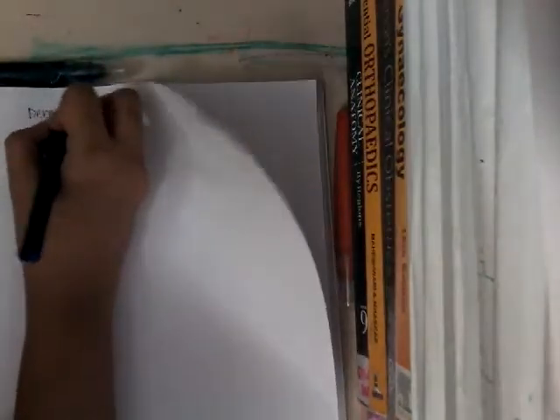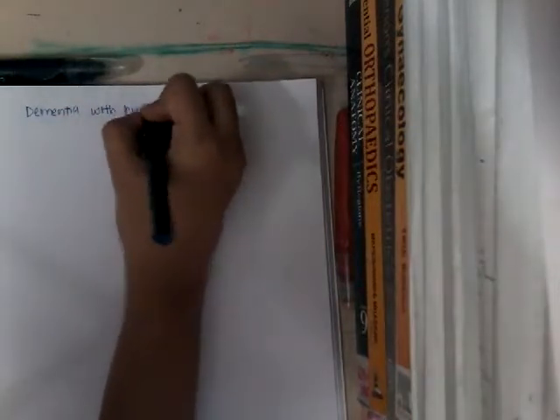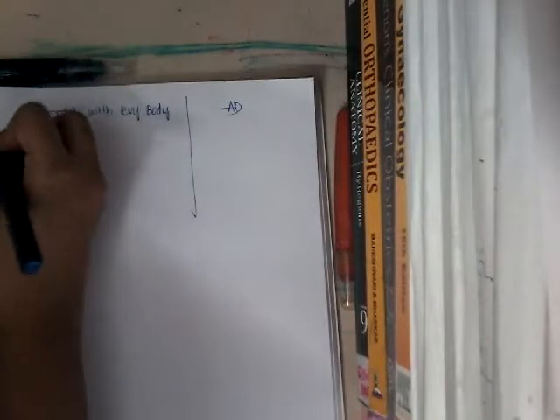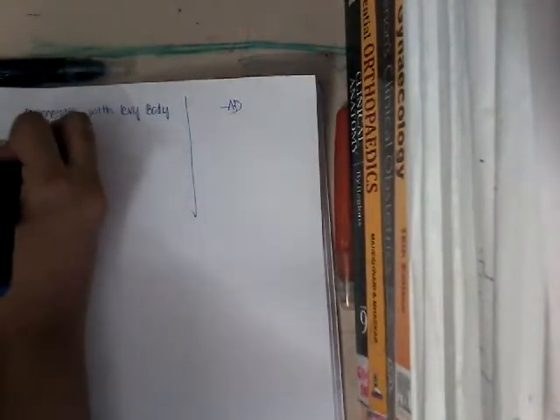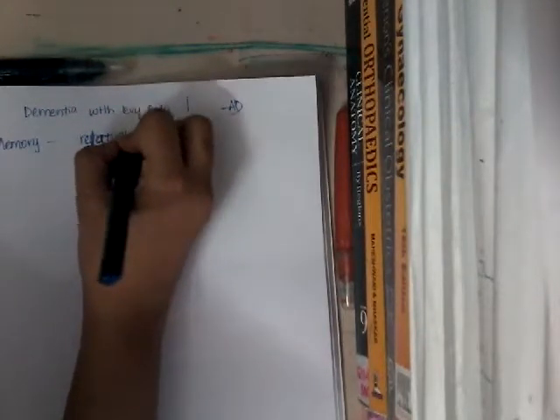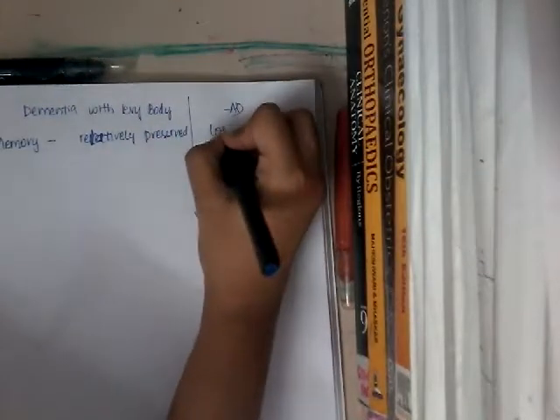Now let us describe the differences between dementia with Lewy body and Alzheimer's disease. If you see the memory, it is relatively preserved in Lewy body dementia, while in Alzheimer's it is lost.